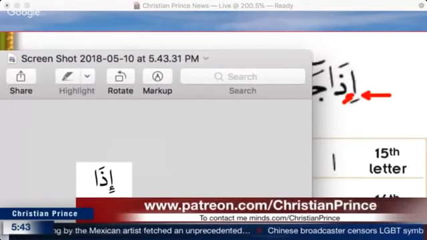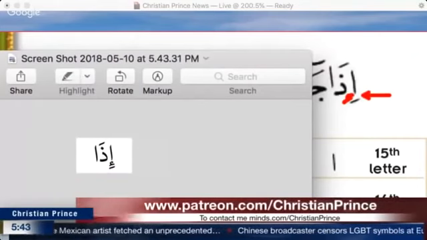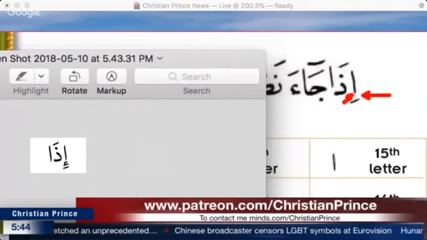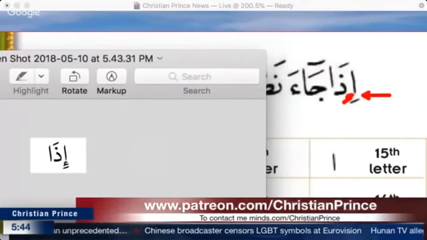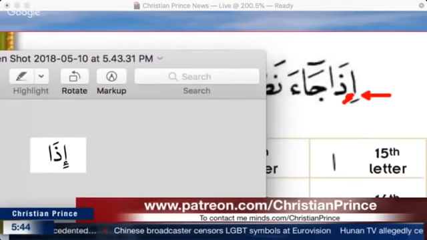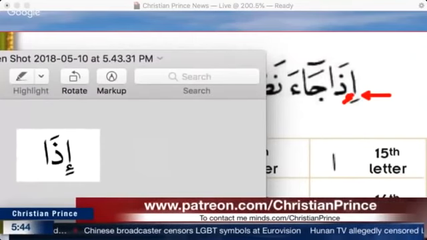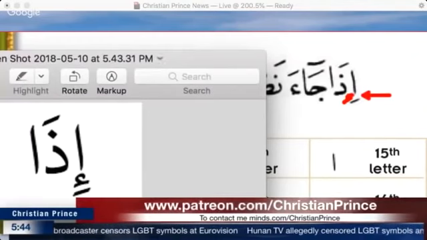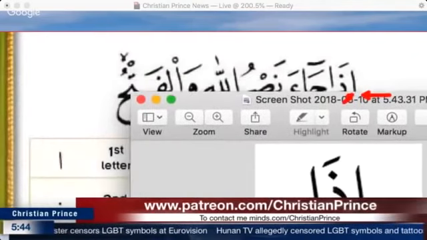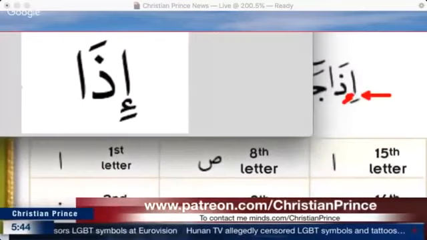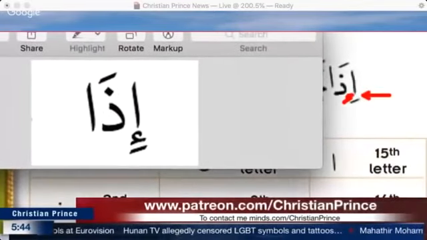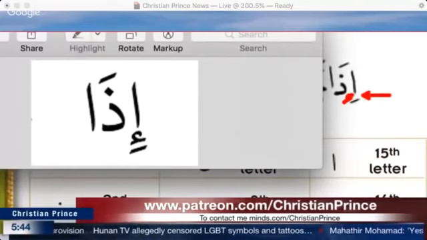Now we can make it. I don't know why I cannot make it smaller. Anyway, let us do it this way. So guys, do you see here what happened? Do you see the deception? I'm trying to put it side by side. Okay, let us do this.